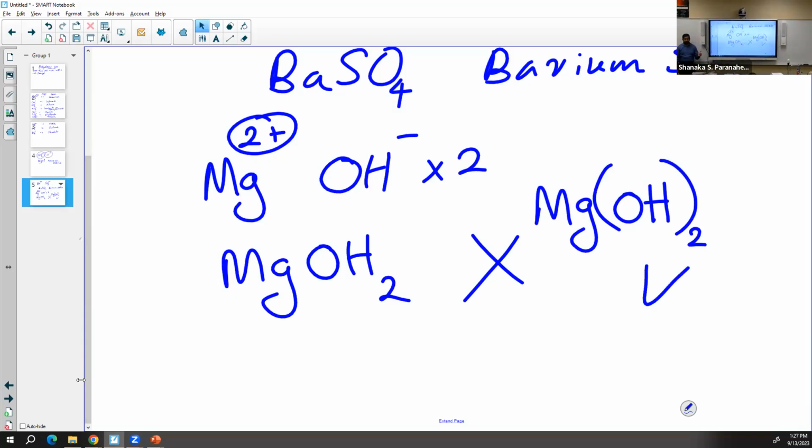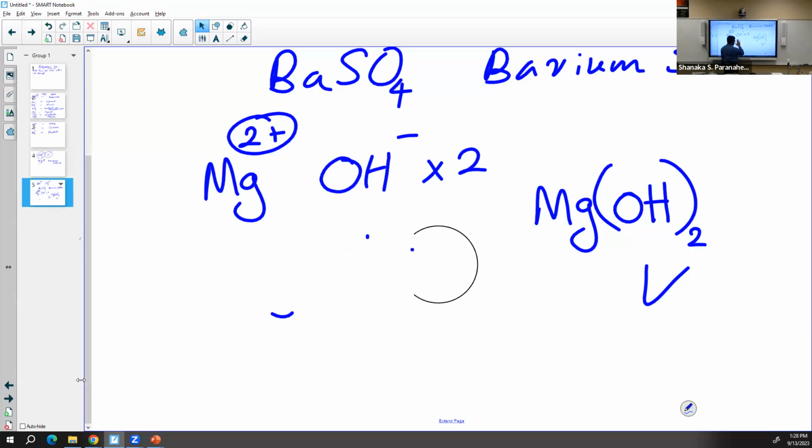So this tells us this formula has 1 magnesium, so that subscript is 1. This 2 belongs to both atoms in the parentheses, so it has 2 oxygens and 2 hydrogens. That's the proper way to write the formula.